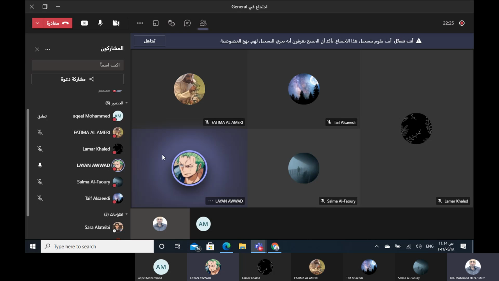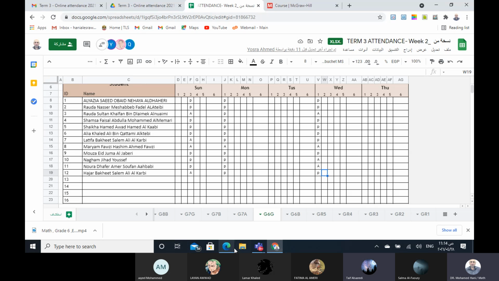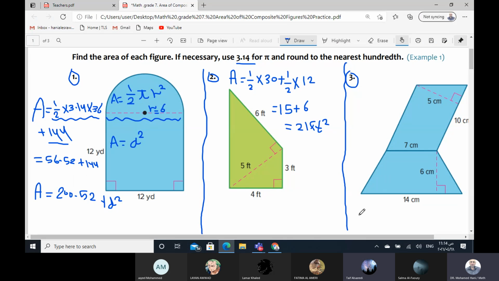Can you go back at the survey? Okay. Taif, are you here? Yes, Mister, I'm here. Mister, here down, is this trapezoid or what? Here down we have trapezoid, and up here we have parallelogram.